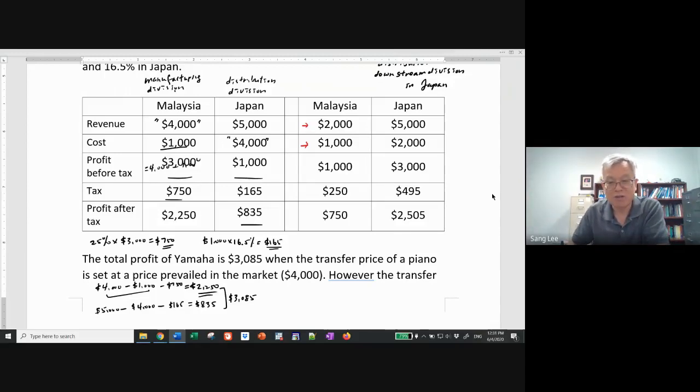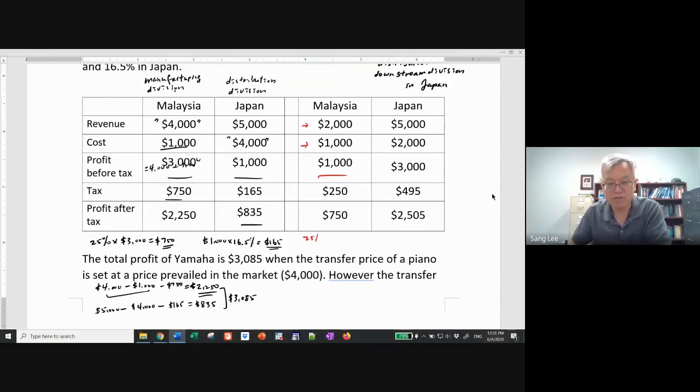So in this case, what's the profit of the manufacturing division in Malaysia? It charges $2,000, but the true cost is $1,000. So the profit is only what? $1,000. And the tax rate in Malaysia is 25%.